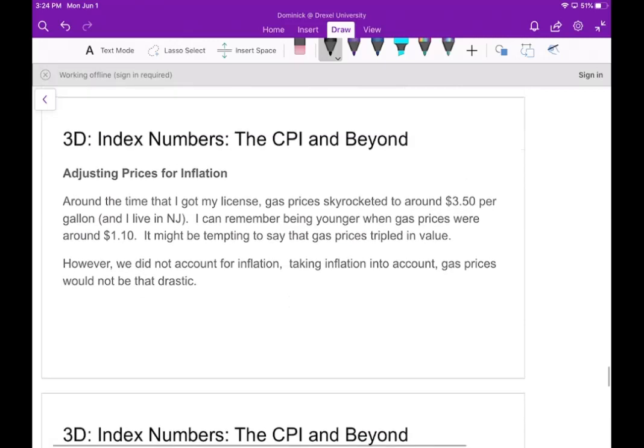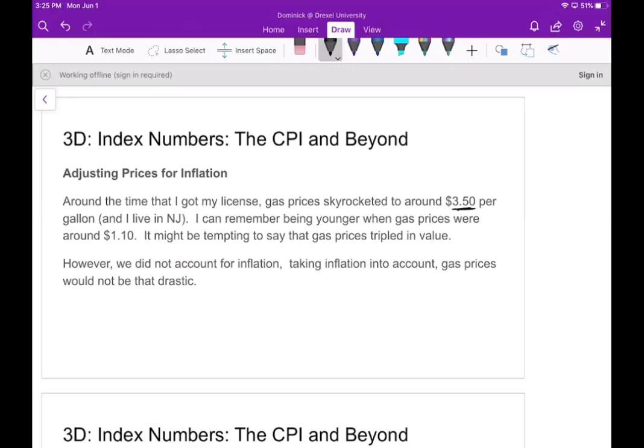One thing we'll have to take into account is that when you see prices increase, we also need to take inflation into account. Around the time that I got my license, gas prices were around $3.50 per gallon. And the fact that I live in New Jersey means gas prices are usually cheaper, so $3.50 was on the cheap side.